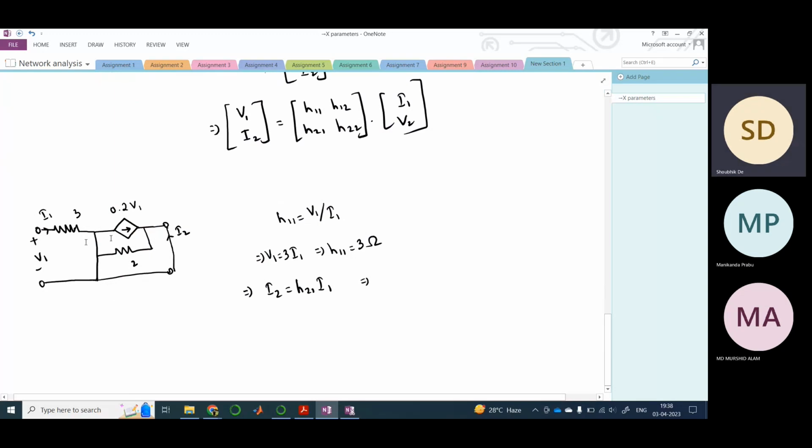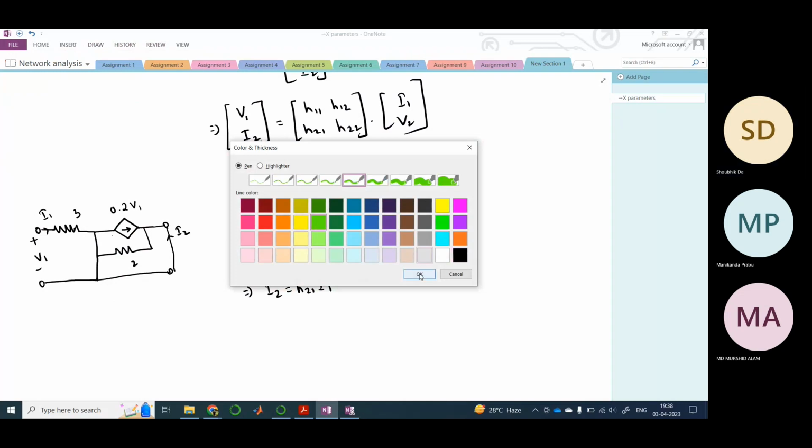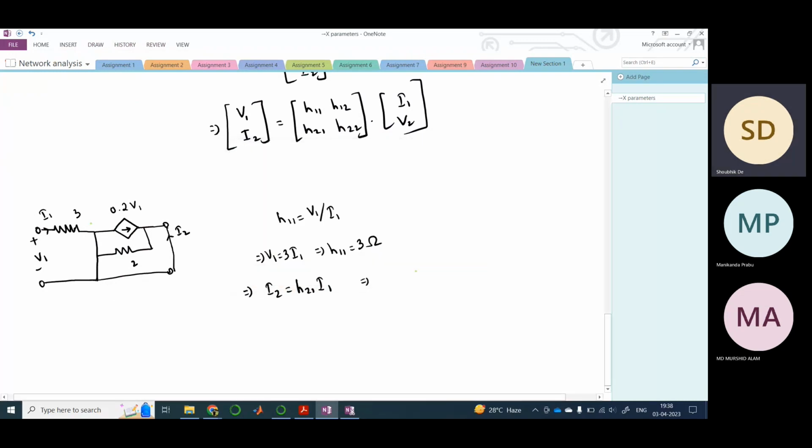So we need to now apply KCL through this path. Let us consider this as a node. See, this becomes more complex. So let us consider this as a node, this is one, and let us take this as the grounded or reference node.